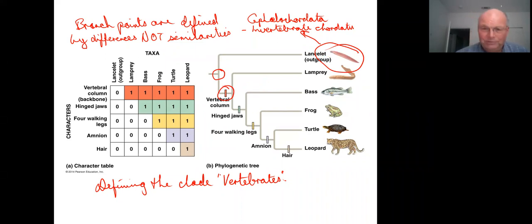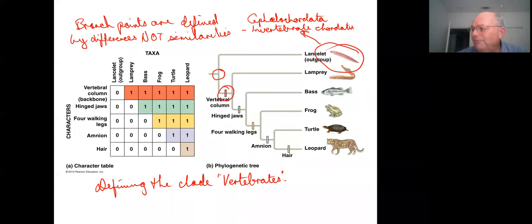Then amongst the vertebrates, there are a small number of vertebrates, the lampreys being the group that we're focusing on here, that lack jaws. And we refer to them as jawless vertebrates. In the fossil record, there's a large diversity of jawless vertebrates that predate and in some cases parallel the appearance of jawed vertebrates.